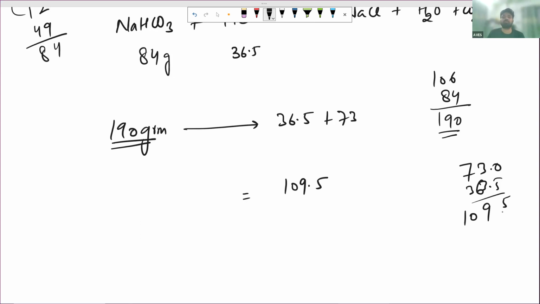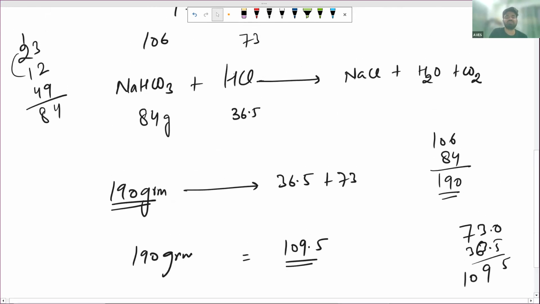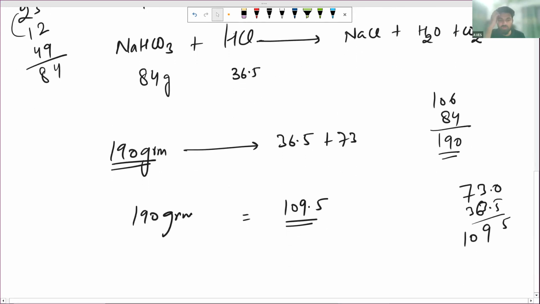Got it? Now for 190 grams of substance, we require this much. Now, if it is 1 gram of the mixture containing both equimolar, how much will be required?